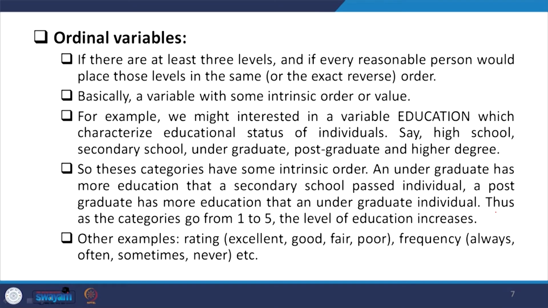If there are at least 3 labels and every reasonable person would place those labels in the same or the exact reverse order, then that is called an ordinal variable. Basically, a variable with some increasing order is called an ordinal variable, like education, which characterizes the educational status of the individual, standard of education, years of education.